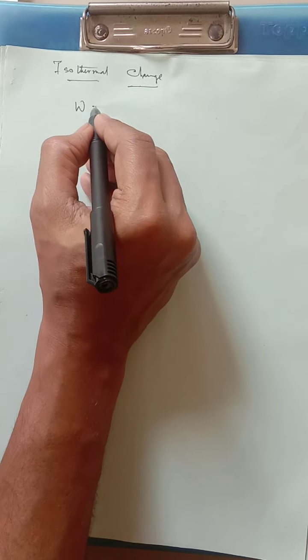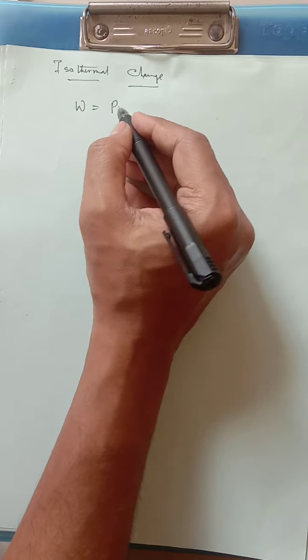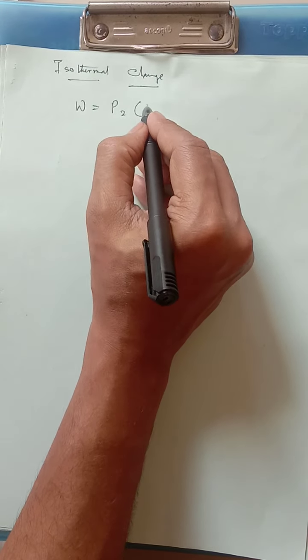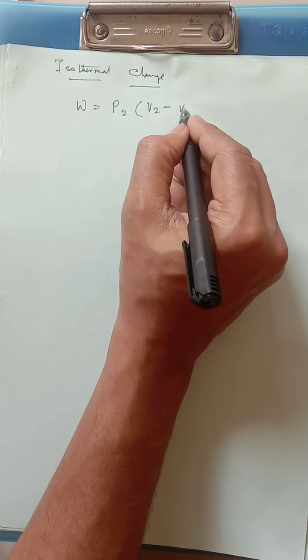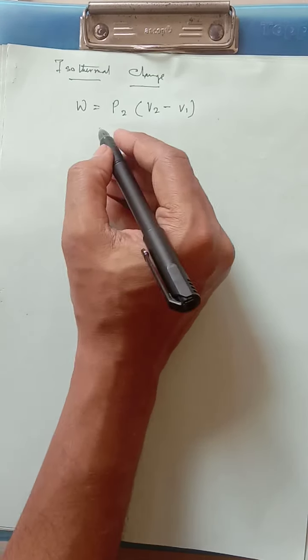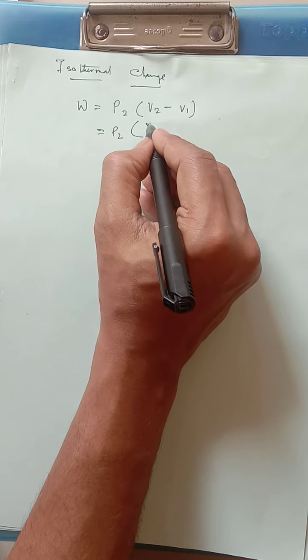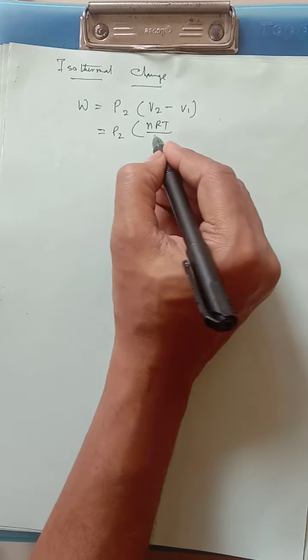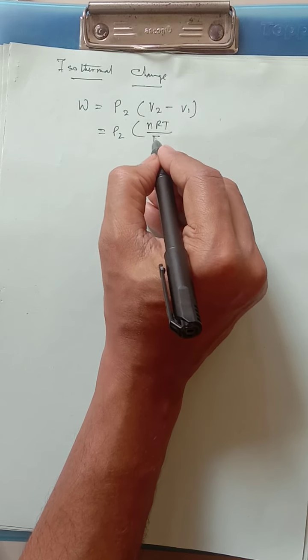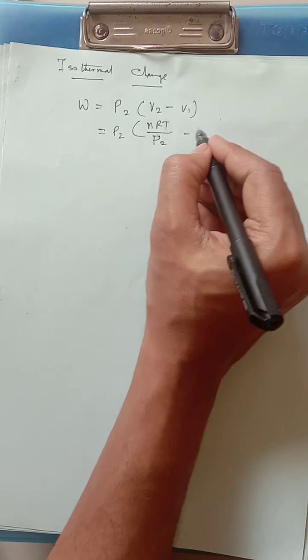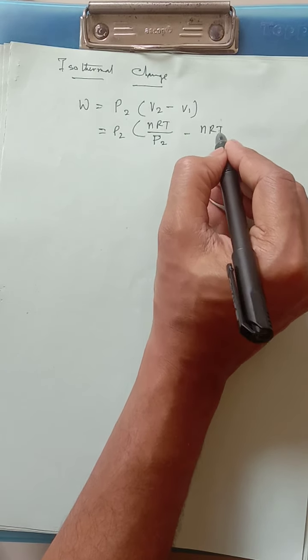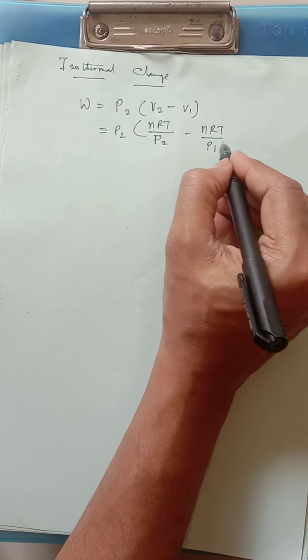W will be P2 (V2 minus V1), that is a certain change. So P2 will be nRT by P2 minus nRT by P1.